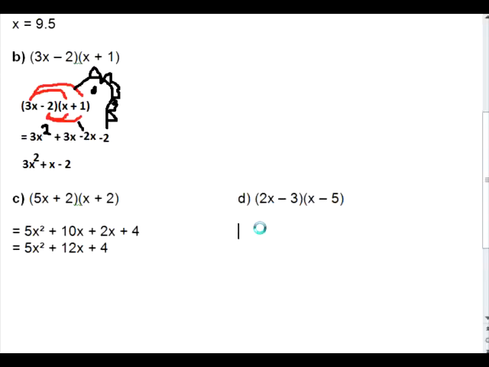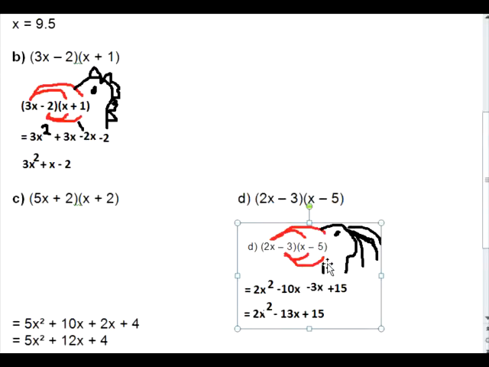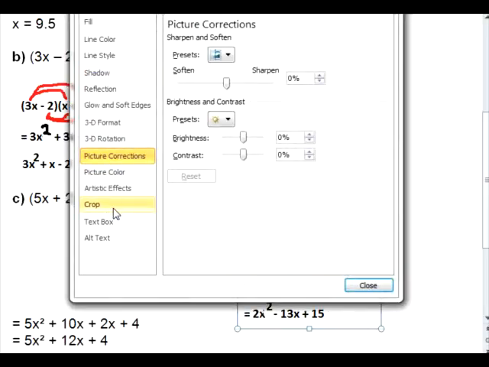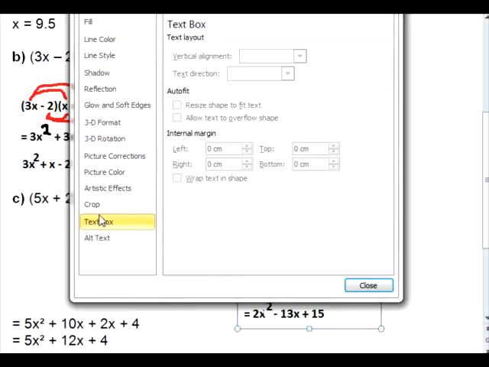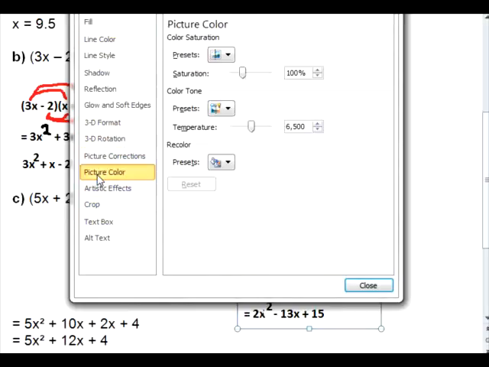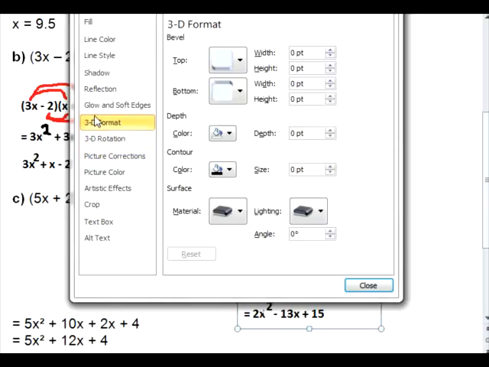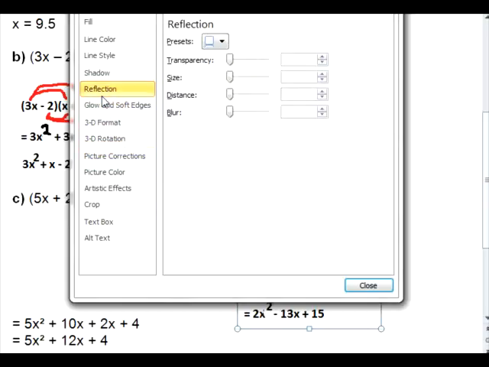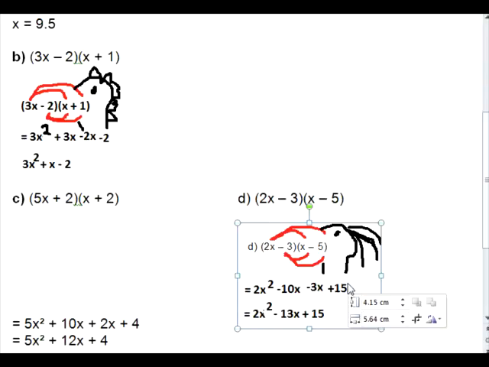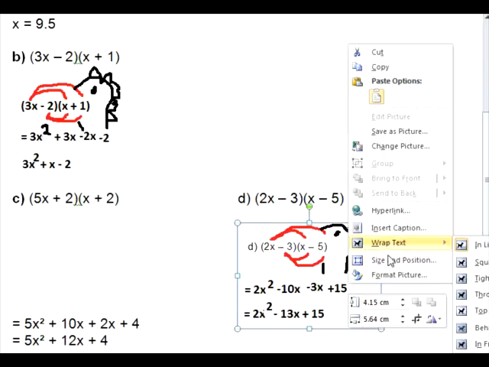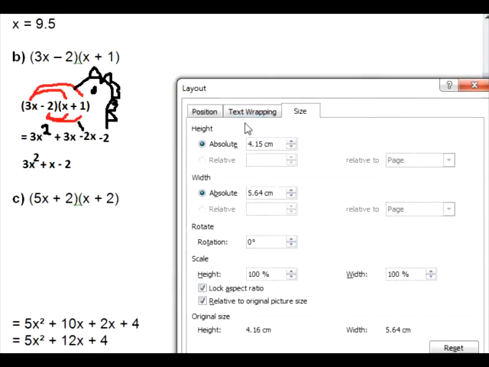Put that over here. That's right. Text box? No. Sorry. There we go.